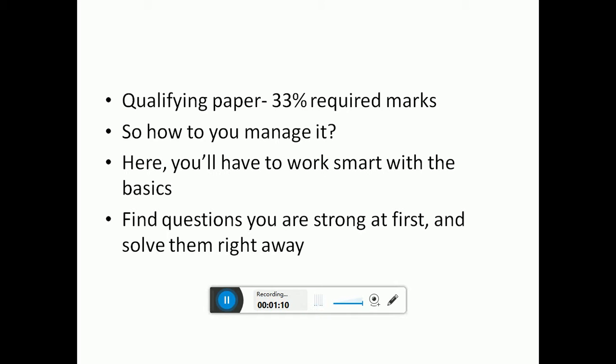So it's very important that you thoroughly understand the syllabus of the CSAT paper. Go through previous year question papers, see what kind of questions have been asked so far, and start working on your basics. After you're done with the basics, I'm sure that's not going to take much time, so please don't worry.